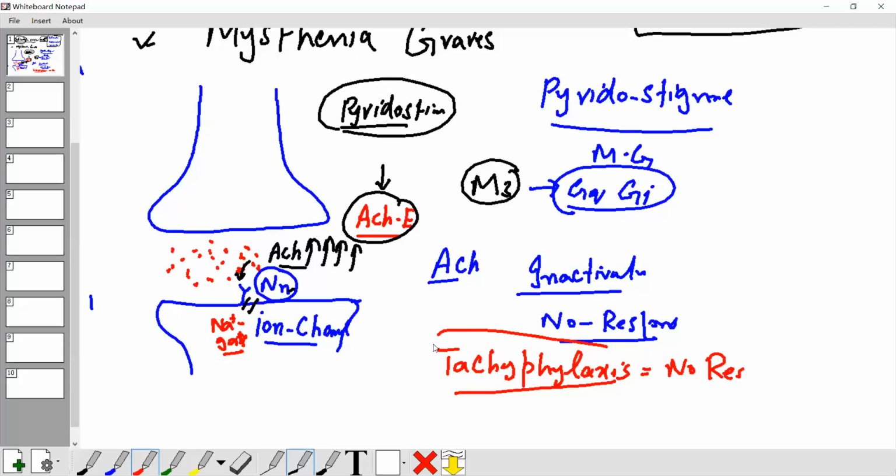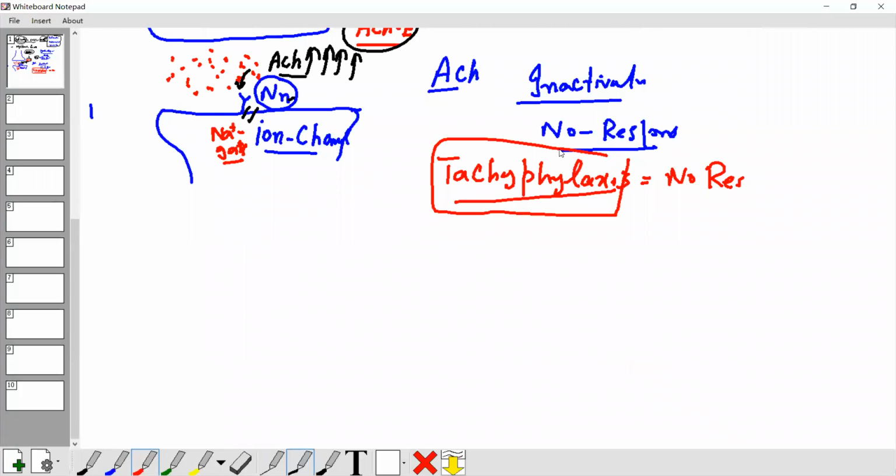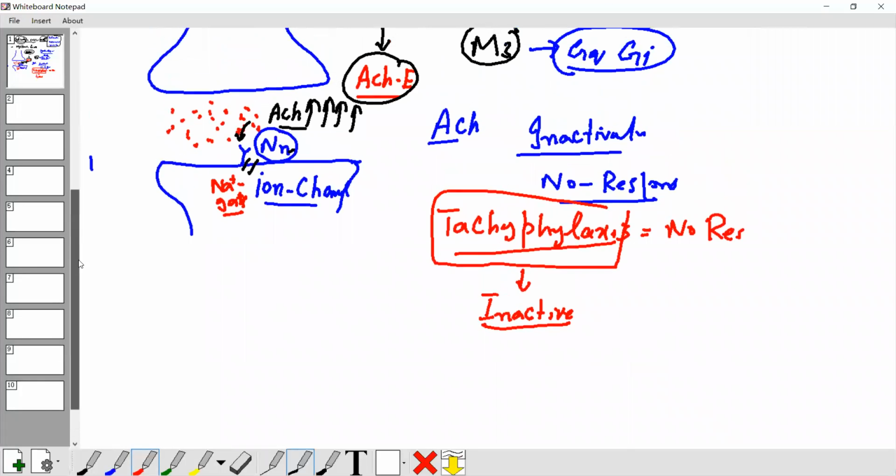Tachyphylaxis. What is tachyphylaxis? No more response given by the receptor. Clear? If you stimulate the receptor again and again, the receptor becomes inactive. This is the definition of tachyphylaxis: no response given by the receptor.